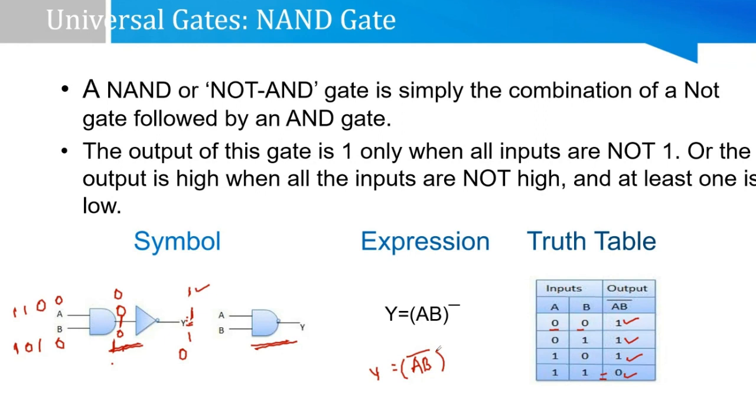So with the help of the NAND gate, you can implement any gate. That is the application. Suppose you are doing something, you need the operation of the AND gate, but you don't have the AND gate.